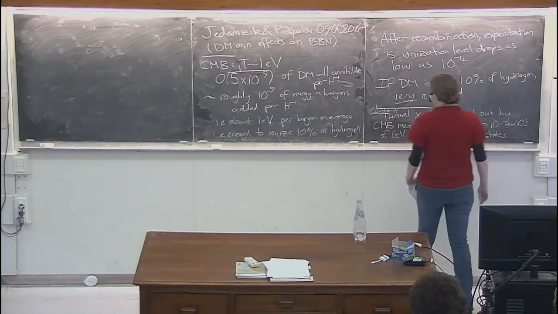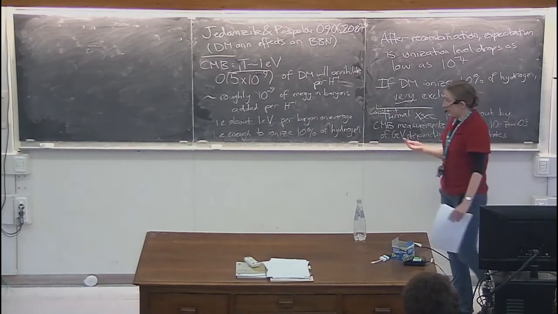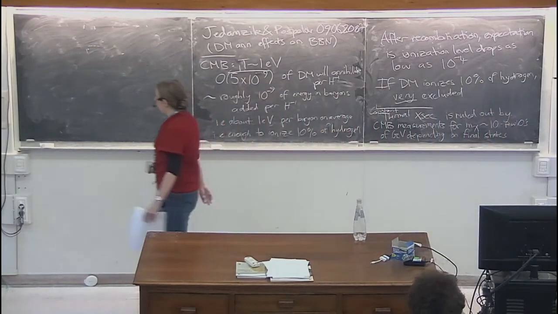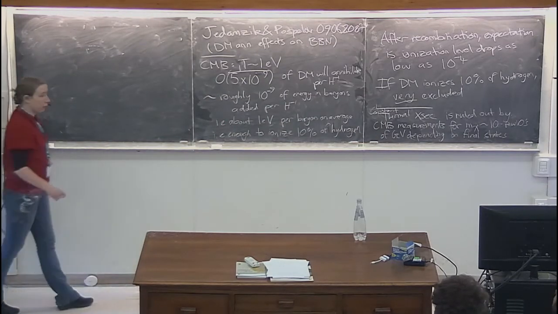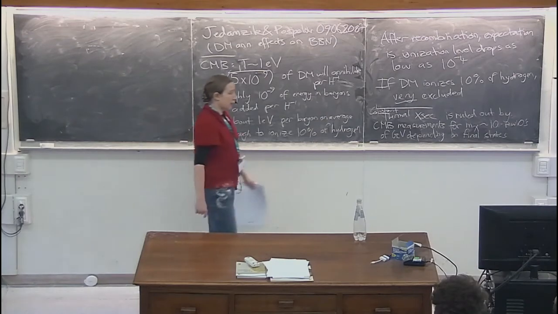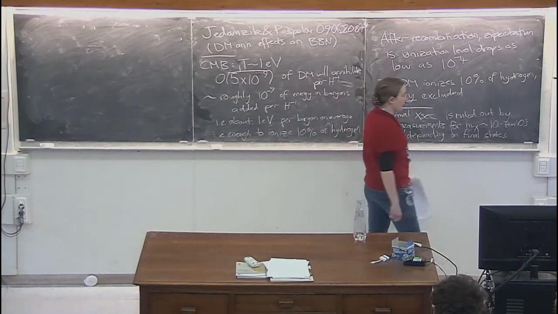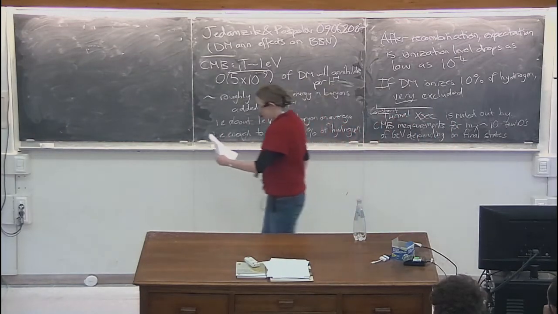And then we argued that this would scale like a to the minus 1.5. So from matter-radiation equality to the present day is a redshift factor of a few times 10 to the 3. You raise that to the power of 1.5, that's something like 10 to the 5.